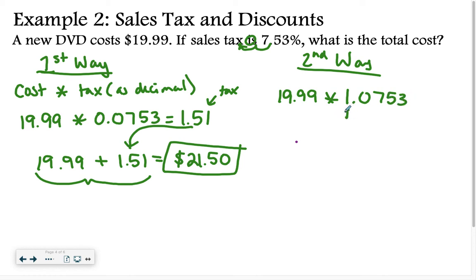And that 1 right there is basically just a shortcut for doing this step. So if I type in 19.99 times 1.0753, I get 21.50. So just like the other way. The second way is a little shorter if you can remember that tax means you are going to include that 1.